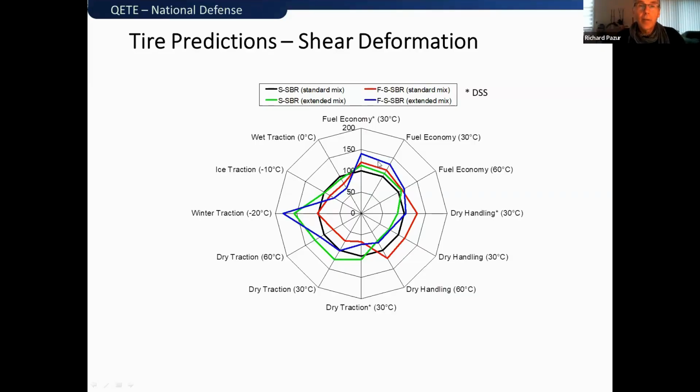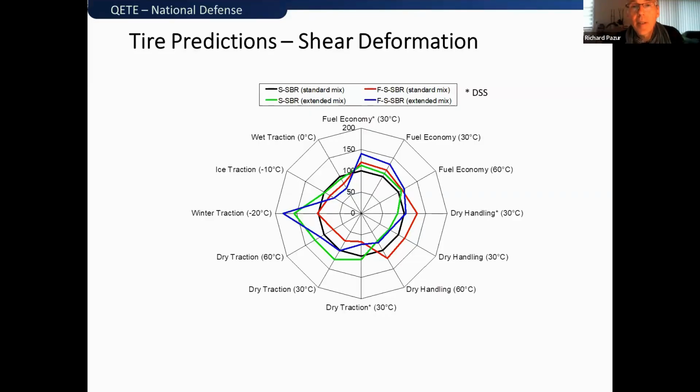All in all, we've collected 12 different predictors here. I will concentrate on the blue just because it's easy. And you can see that with the functionalized SBR, we're getting better rolling resistance, better fuel economy. We're also getting better winter traction. Why is that?